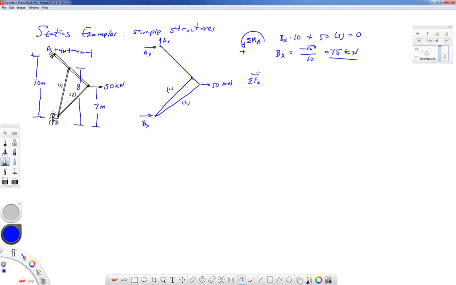Summation of forces in the x direction: plus Ax plus Bx plus 50 equal to 0. This would be Ax minus 15 plus 50 equal to 0, and that would give me Ax equal to minus 35 kilonewtons.